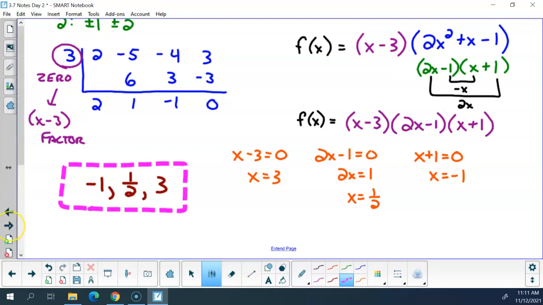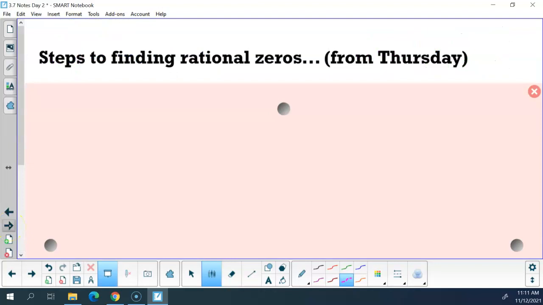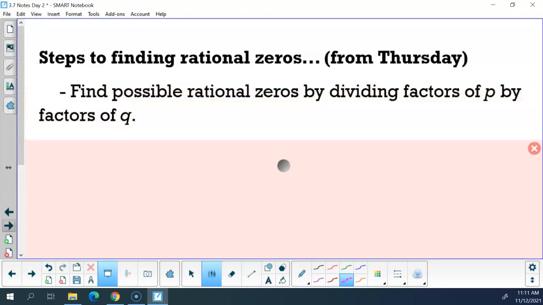Good times. All right? So, from yesterday, our steps to finding rational zeros. What was our first step from yesterday? Find all the possible ones, right? Okay. So we find all the possible zeros by taking factors of the constant and dividing it by factors of the lead coefficient.